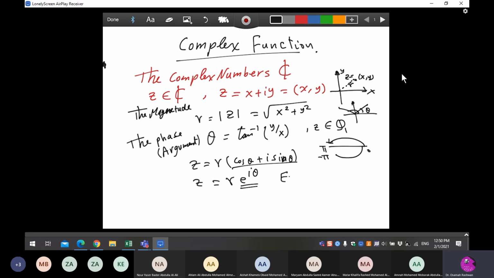This is they call Euler form. This is the polar form. And this is the Euler form, and this is the Cartesian form.